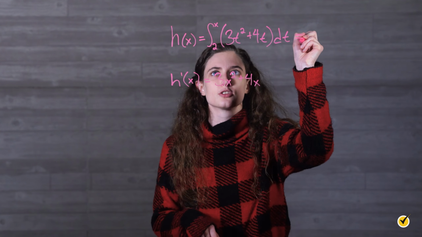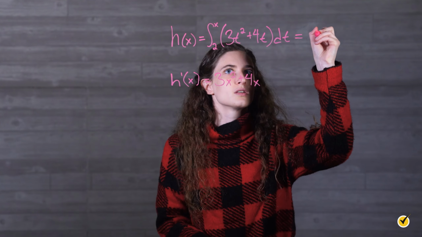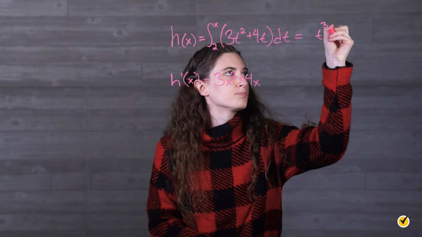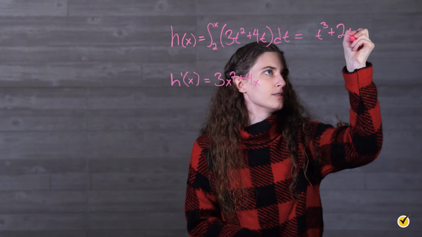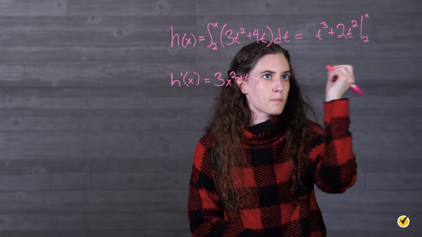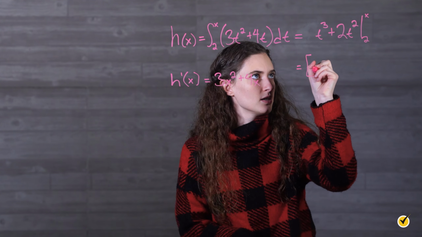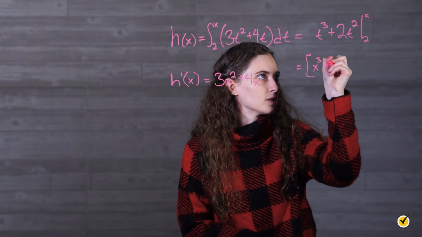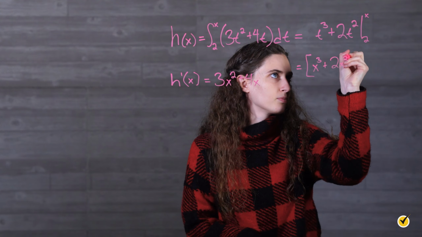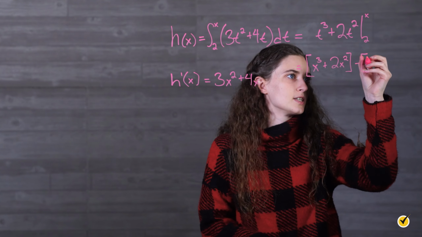So, to evaluate this integral, we're going to take the antiderivative of this function, which will give us t cubed plus 2t squared from 2 to x. So then we're going to plug in x for anywhere we see t, so that gives us x cubed plus 2x squared. And we're going to subtract, plugging in 2 for every t that we see.